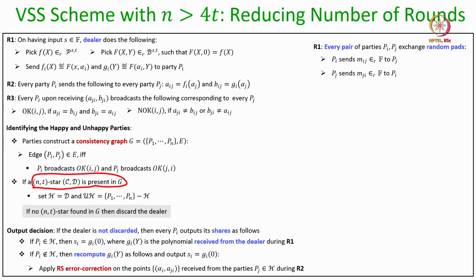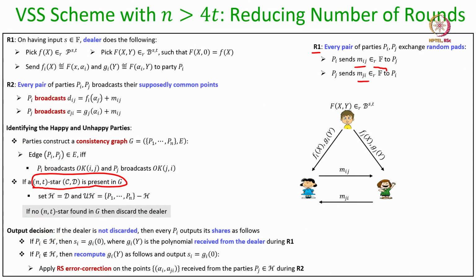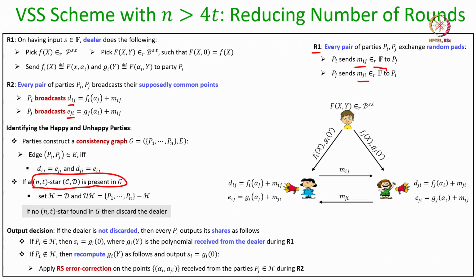To make it a 2 round protocol, we can apply our usual round reducing technique, namely during the first round, apart from the distribution of the row and column polynomials by the dealer, every pair of parties can pre-exchange random OTP pads, and then during the second round the pairwise consistency check happens publicly through OTP encryptions, and if there is a mismatch in the OTP encryptions, the edge between the corresponding parties is not added in the consistency graph, otherwise the edge is added.